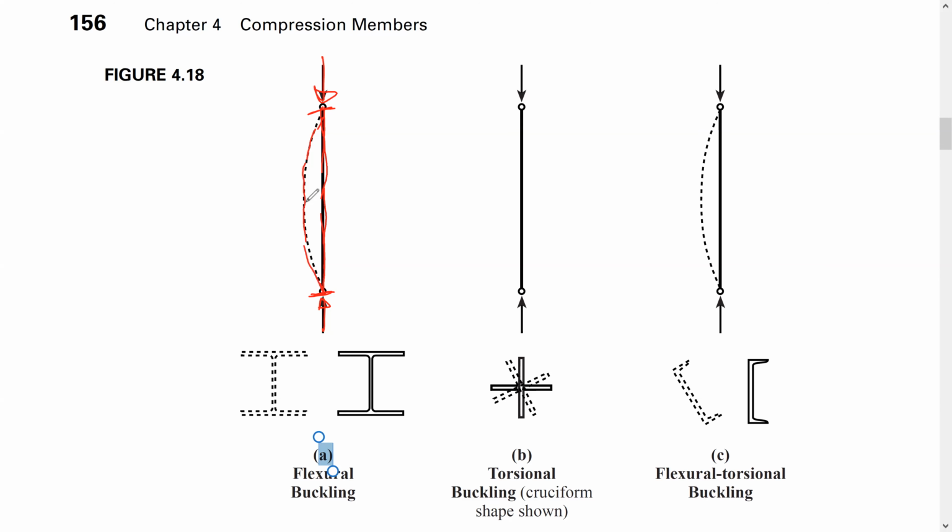So we do have bending here. If this is the cross section, it will move, as if the cross section moved. This is what we call flexure buckling.